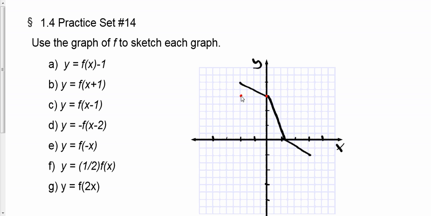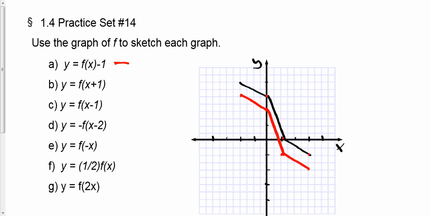This point moves down 1 to this point. This point here moves down 1 to this point. This point moves down 1 to this point. And the graph of part A becomes that. That is letter A. I did it in red.